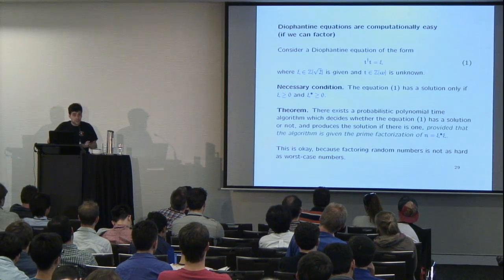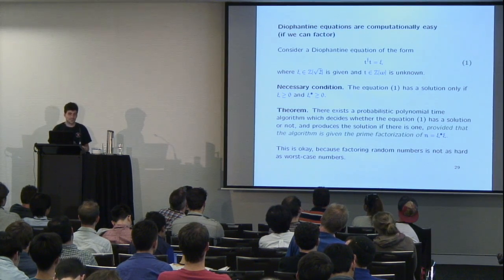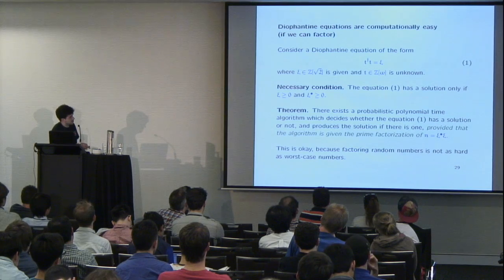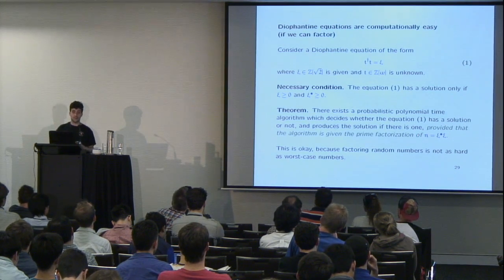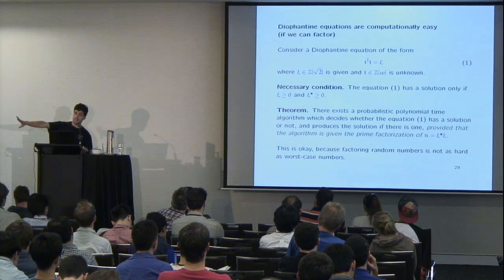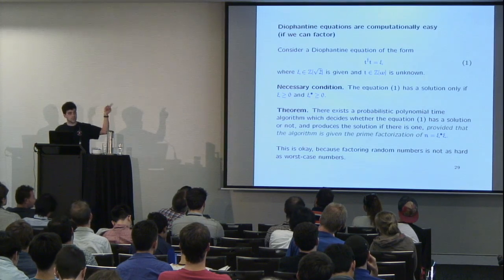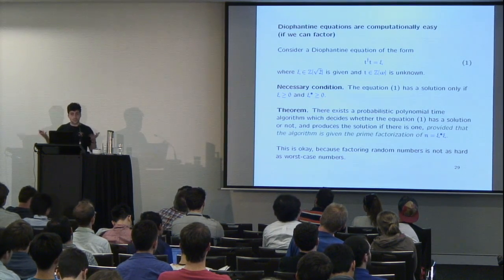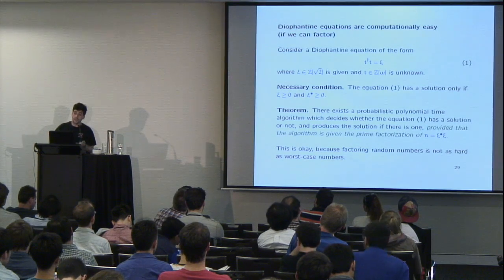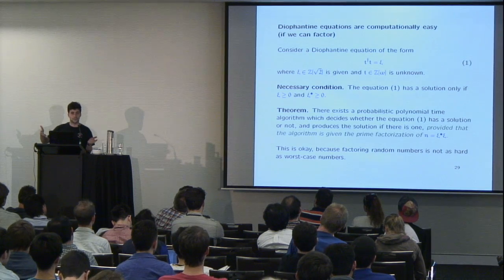And if it has a solution, it will provide you with one, provided that you can factor this number n here, which is psi bullet times psi. So if you can factor n, then you just feed this factorization to your algorithm, and it'll determine whether the equation 1 here has a solution or not. So if it has a solution, great, you can construct your matrix. If it doesn't have a solution, hey, that candidate was not viable, let's move on to the next one.